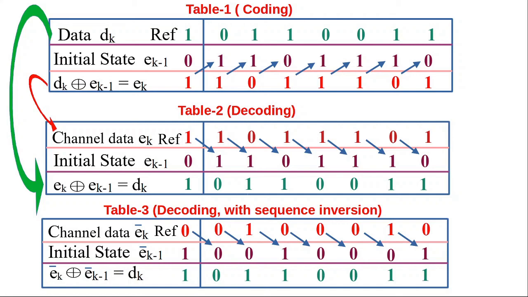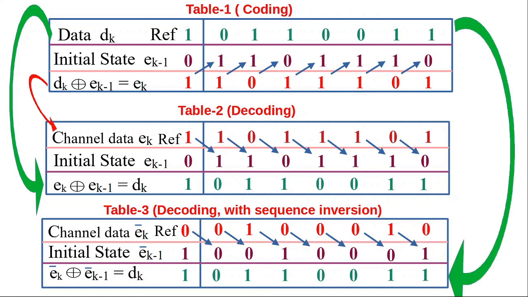Now it is clear that when the sequence inversion takes place, then also we receive the same data at the output. So we may conclude, using differential coding technique, always we get the right data stream at the output.